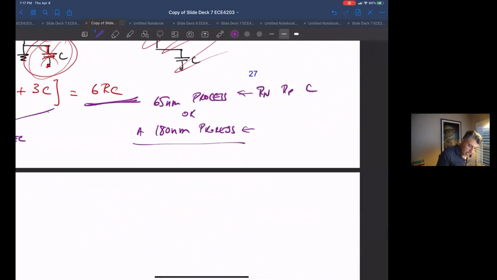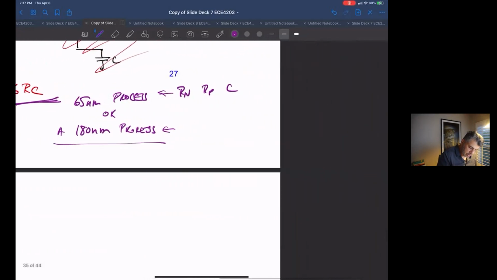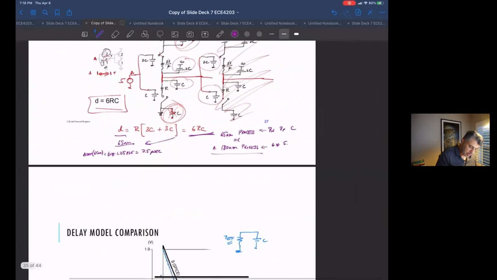And for the 180 nanometer process it is 6 times 5.5 picoseconds.